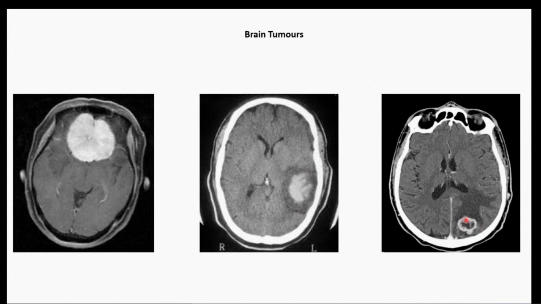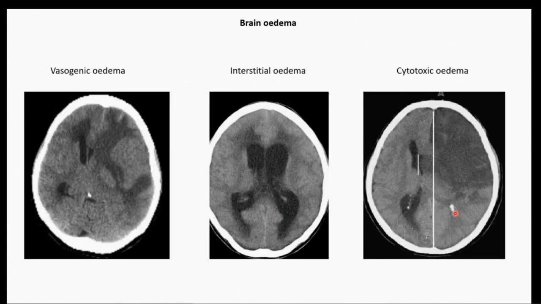This is a metastatic lesion from a lung cancer, and you can see how large the vasogenic edema is. All this hypodensity around the tumor is vasogenic edema, and this is participating in the increase in the intracranial pressure.